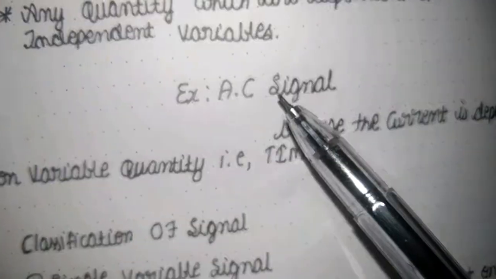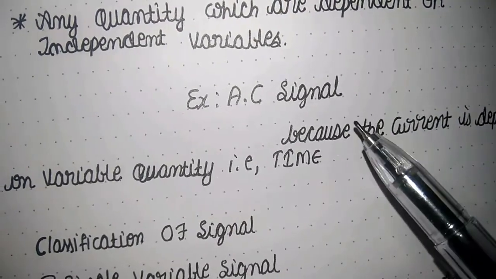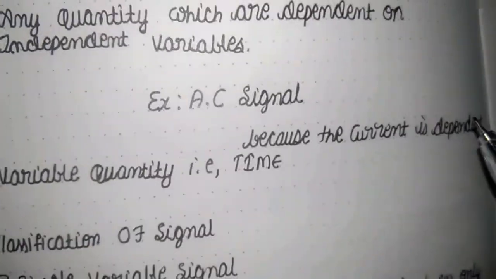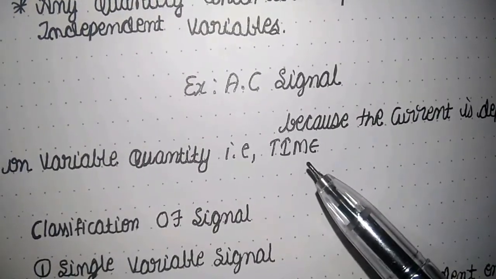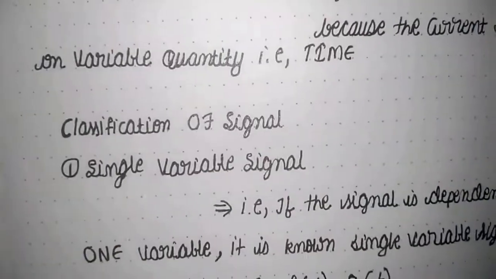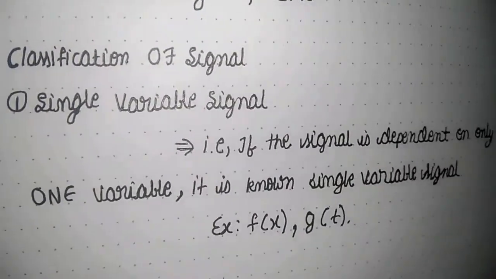The alternating current signal is an example because the current depends on a variable quantity, that is time.